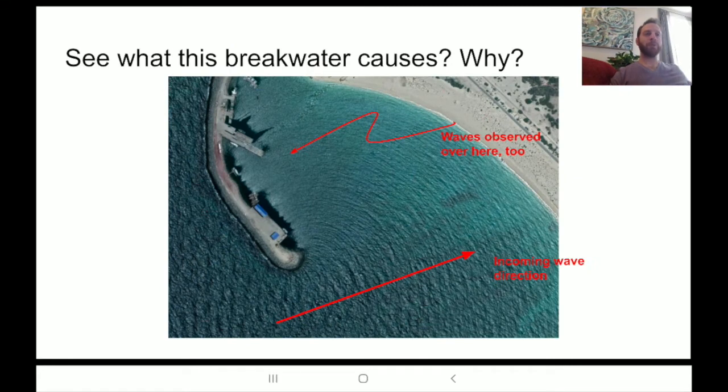Something you may have noticed, and if you haven't noticed this in person, you can certainly tell from this aerial photograph, is what happens when you have long wavelength waves, let's say ocean waves or waves on a bay, coming in towards the shore, as indicated by this long red arrow. But if there is a breakwater, an obstacle that blocks the path of the wave, what happens?